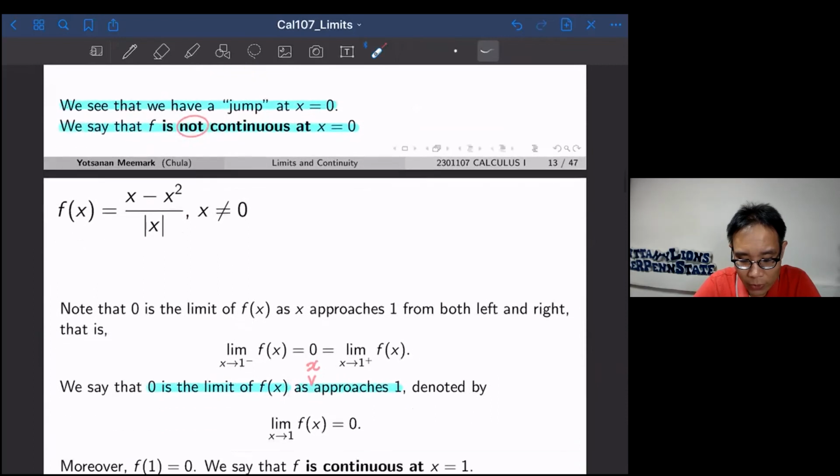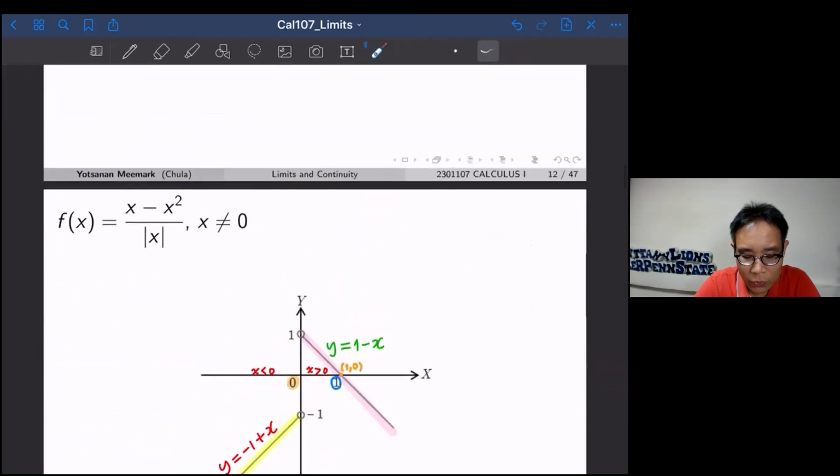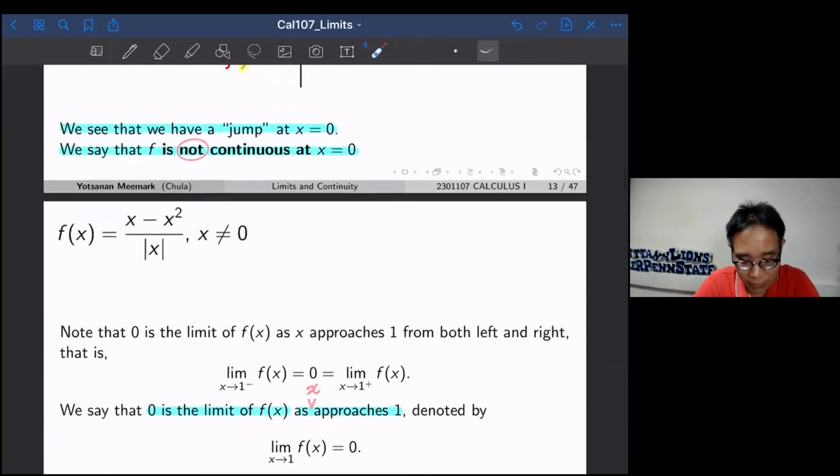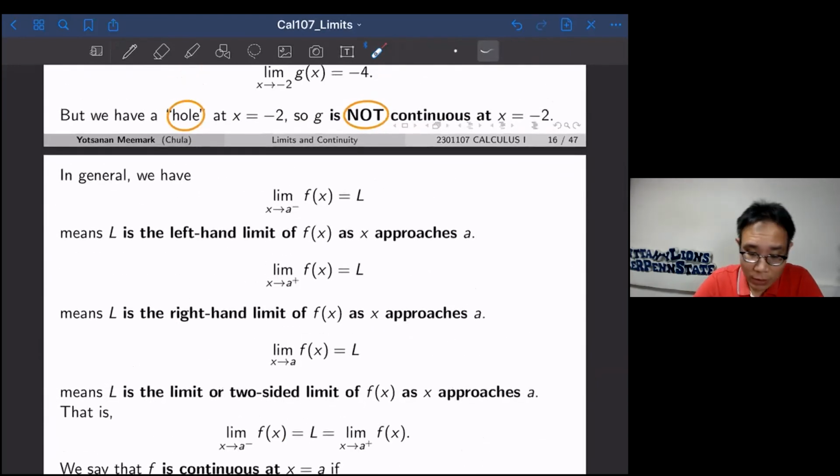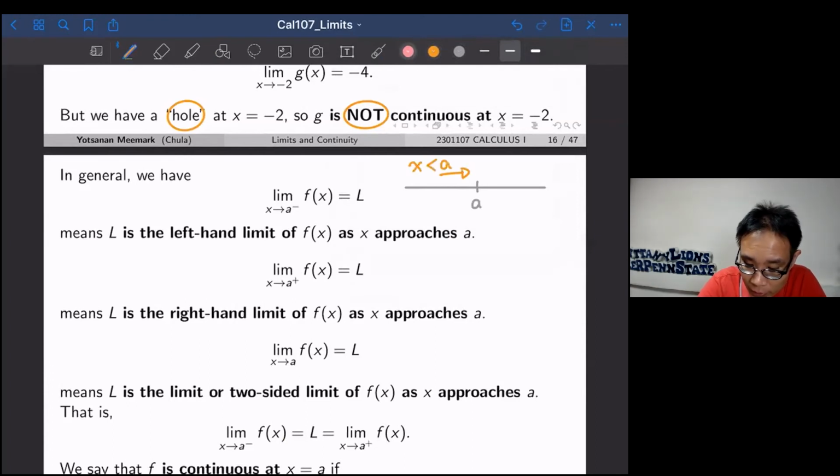In this case, we're gonna say that the limit as x goes to 1 of f(x) does not exist. Okay? And we're gonna talk about the general form. If you have a in the middle, you're gonna have a here, and you have the left side, where x is less than a, and the right side, where x is more than a.